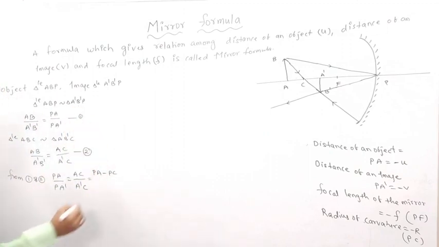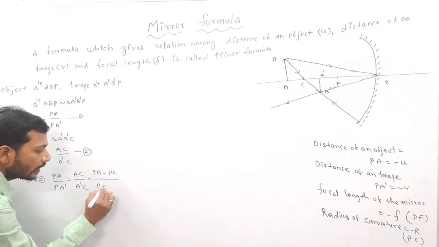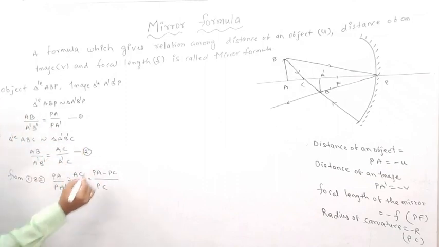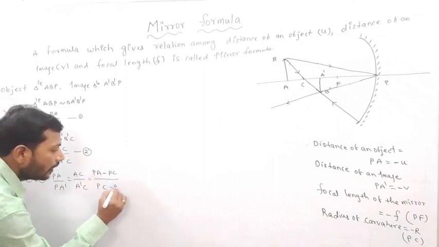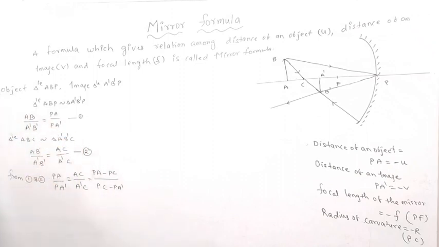Very good. Sir, same like that you can say the answer for A dash C. A dash C means PC minus PA dash. You got this equation, children? Now please substitute the values. PA equals to how much? Minus U, sir.